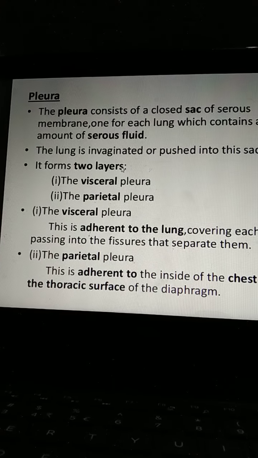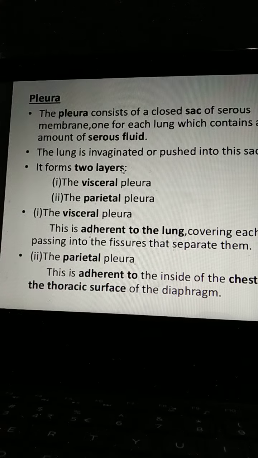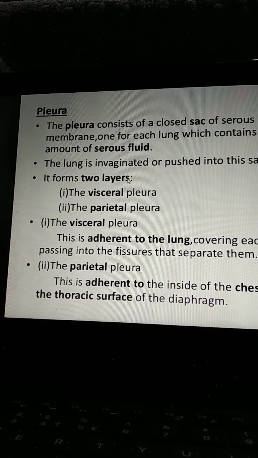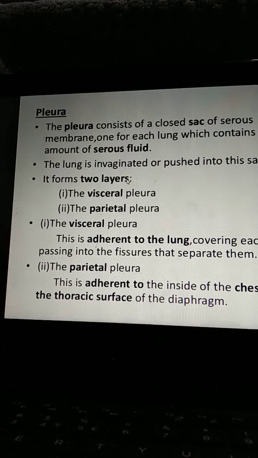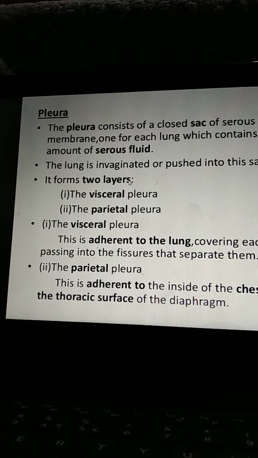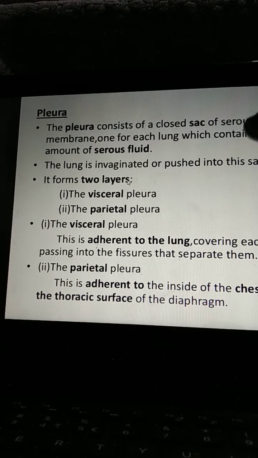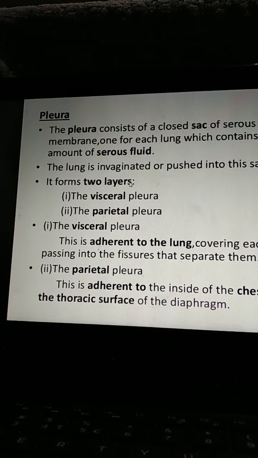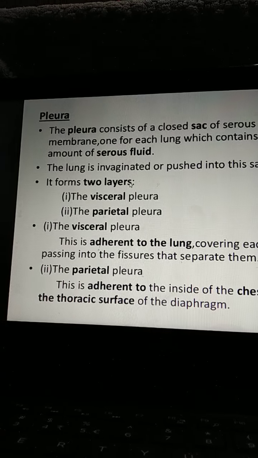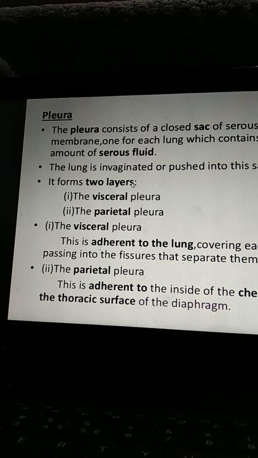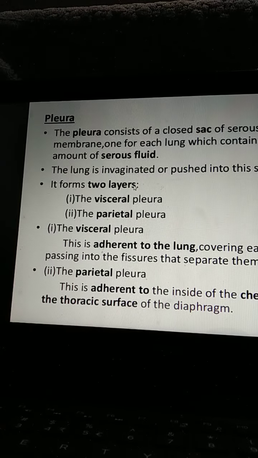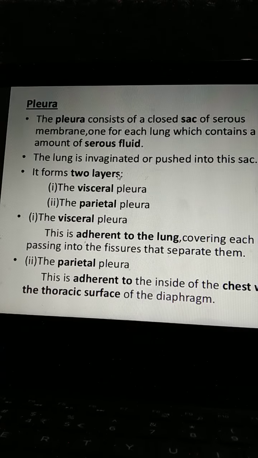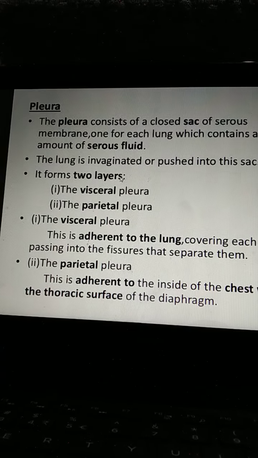It is a sac-like structure made of serous membrane, meaning there are 2 layers, and within the 2 layers there is a gap. That gap is filled with serous fluid, which avoids friction when the lungs take respiration, inspiration and expiration.